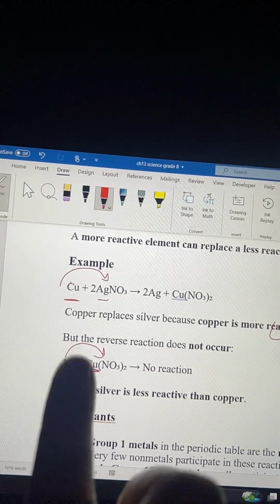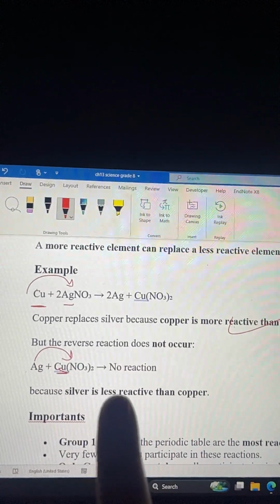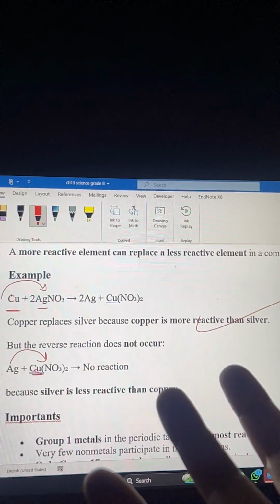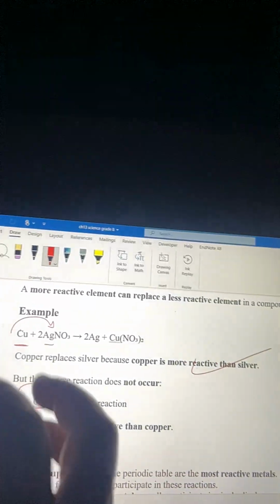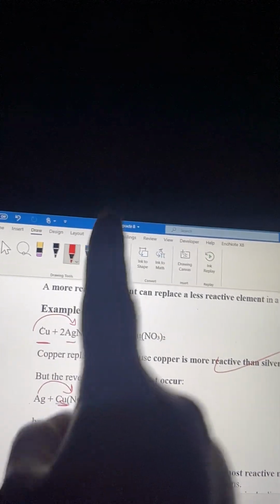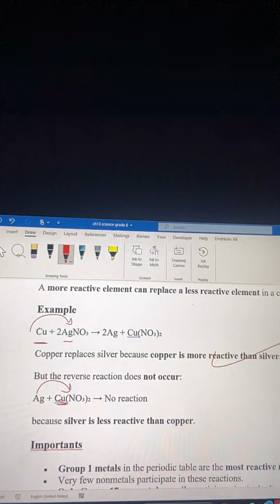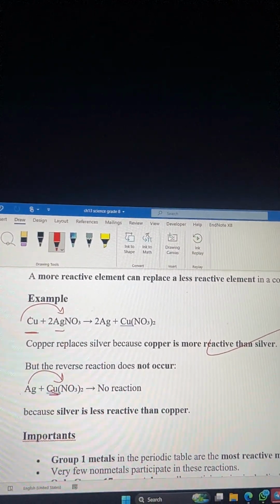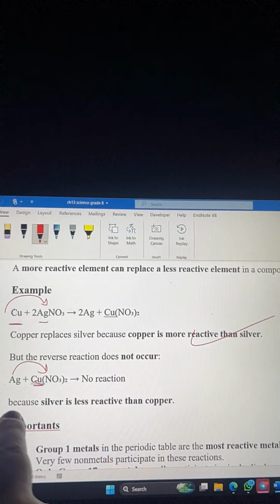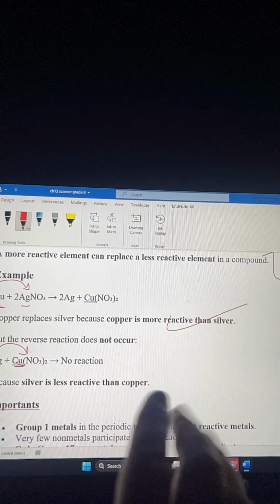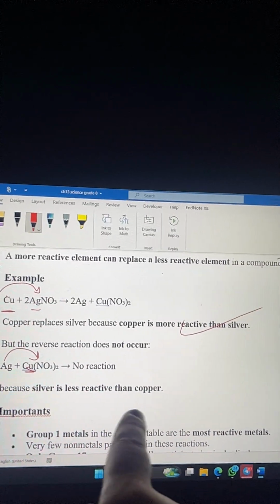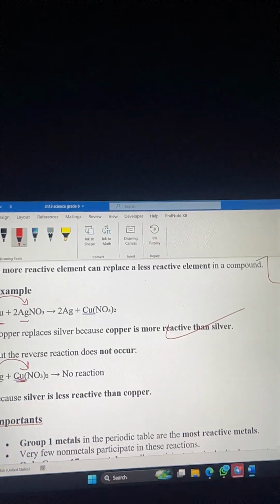Because Ag is less reactive than Cu. So for any replacing, the element that wants to replace should have more reactivity. So why can silver not replace the copper? Because it is less reactive.